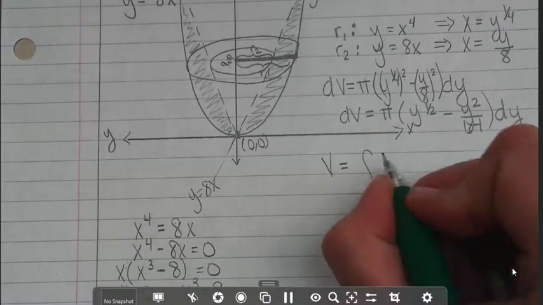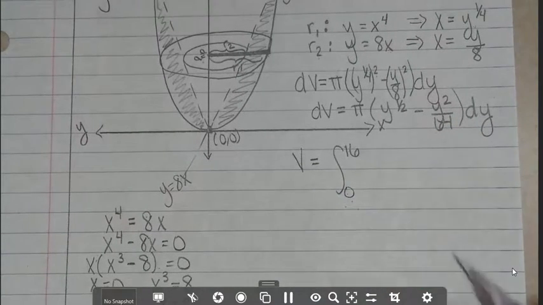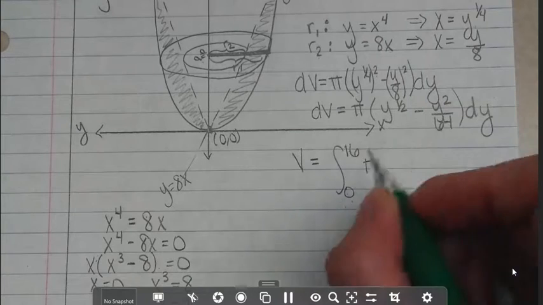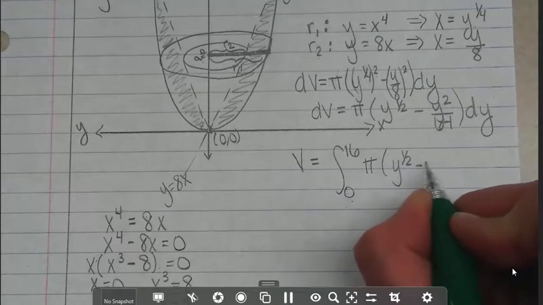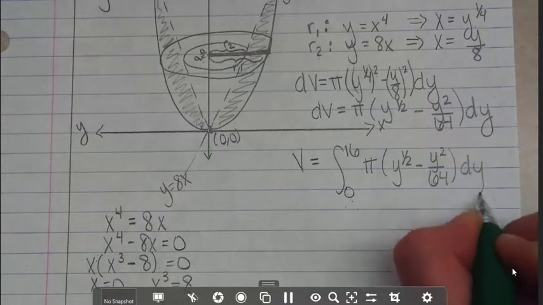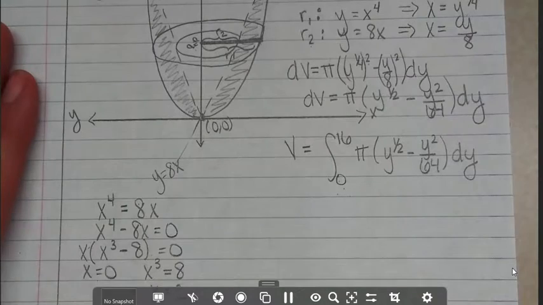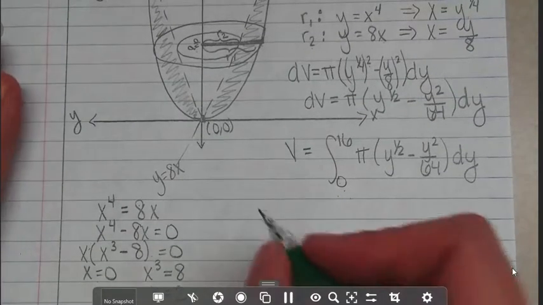Okay, so from 0 to 16. And I'm just going to go ahead and write my integral. Now I'm going to take that integral and I'm going to evaluate it.